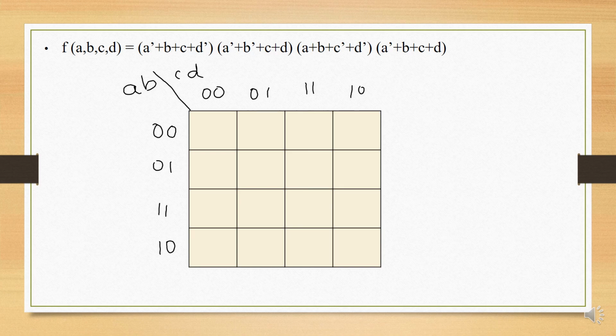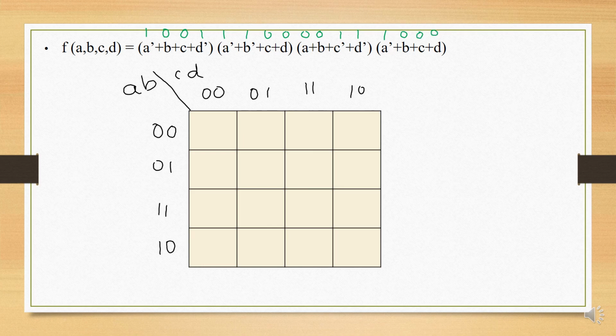Now, a better way to plot the K-map is to write the binary representation for the equations here. So let me write the binary values. For every max term, the complementary variable will be considered as 1. So this is 1, 0, 0, 1, and this is 1, 1, 0, 0, and this is 0, 0, 1, 1, and this will be 1, 0, 0, 0.